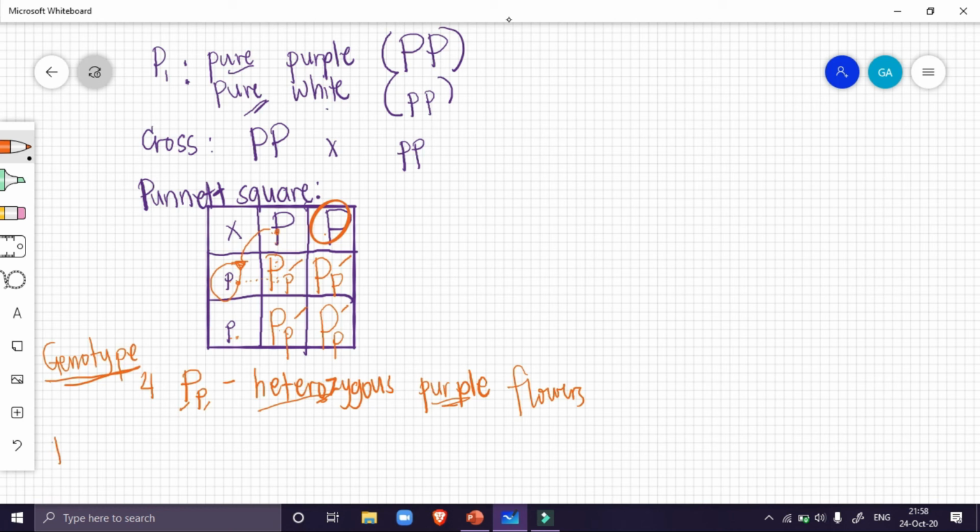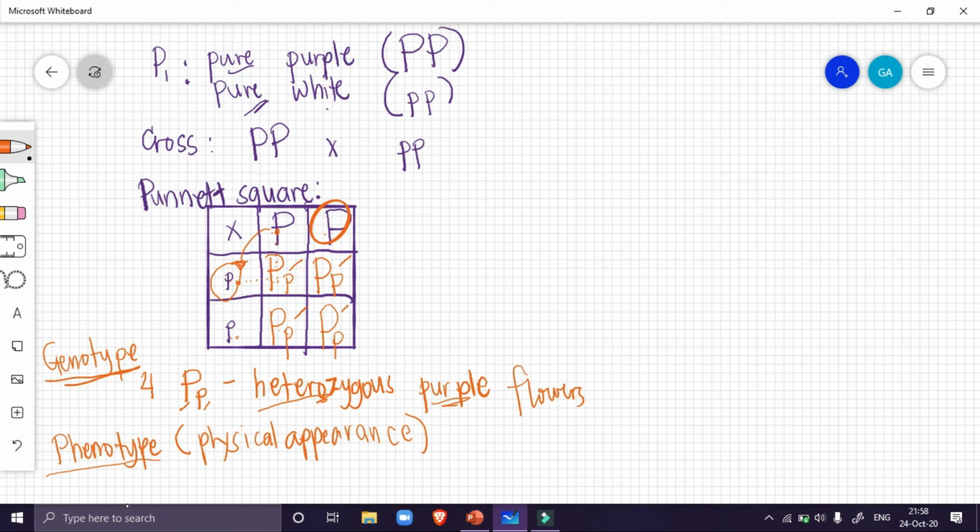Then, we also have the phenotype. So, when we say phenotype, that is just the physical appearance. So, genotype is either it's homozygous or heterozygous. Sa phenotype, kung ano lang yung itsura niya. So, physical appearance lang, hindi na natin isusulat kung heterozygous ba siya or homozygous.